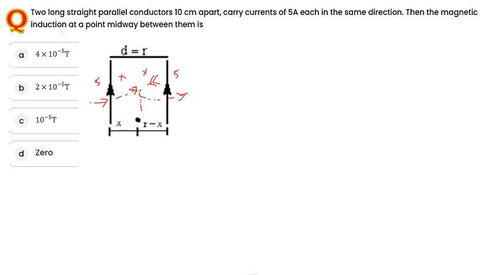So what happened here is, for example, this is 1 and this is 2, I just mentioned here. The magnetic field produced over here is mu naught I divided by 2 pi r, right? This same concept I just mentioned here, mu naught I divided by 2 pi r. For example, both are at the same distance, right?